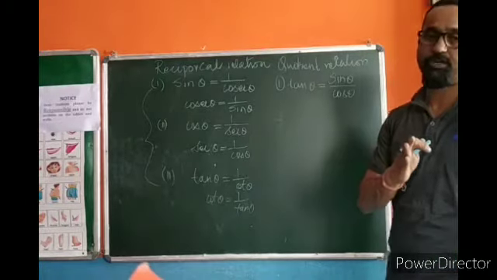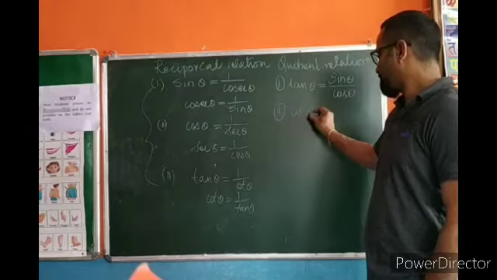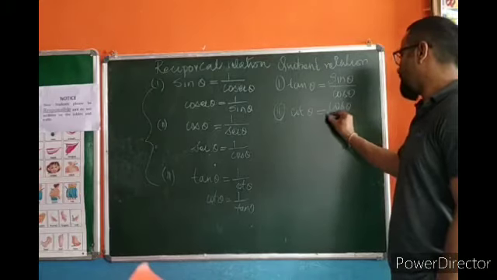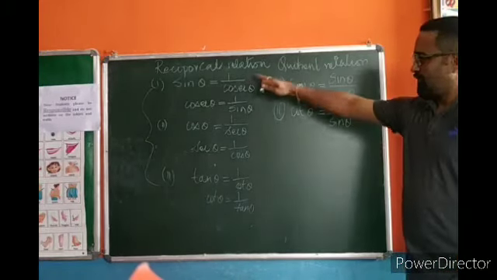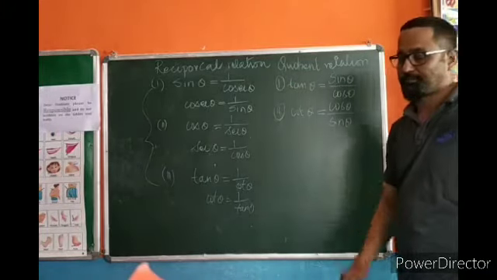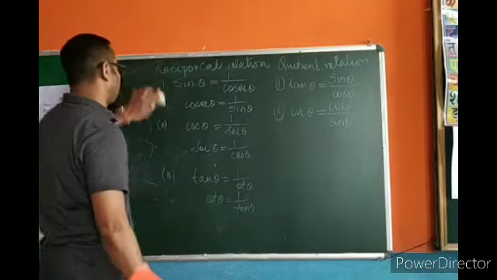First quotient relation. Second one is cot. Cot theta is equal to cos theta divided by sine theta. Reciprocal relation, quotient relation. Now we have identities.